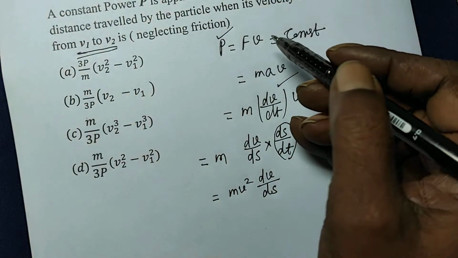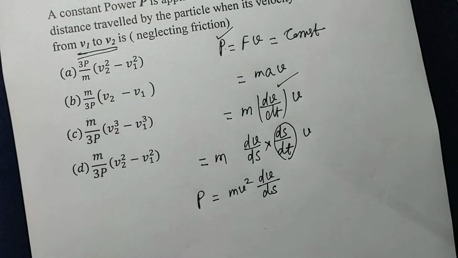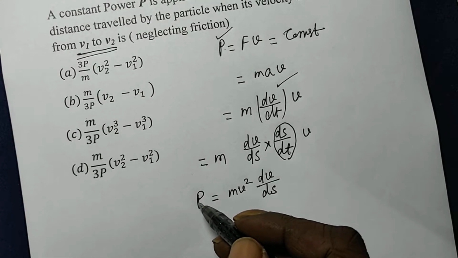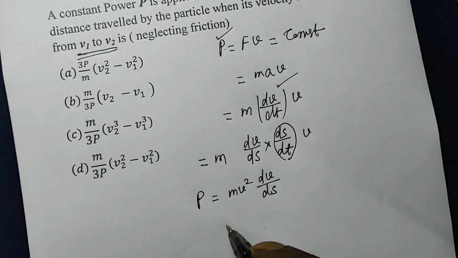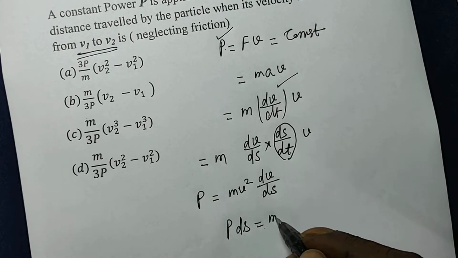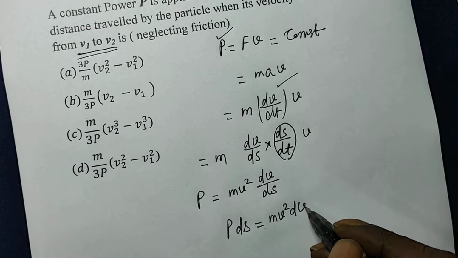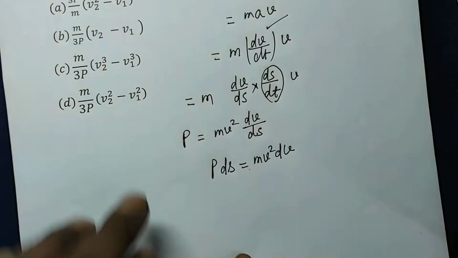Now I began with power being the same thing as this. To integrate, bring this ds to the left hand side, because power is constant. When we integrate, P will be taken out. So P ds is equal to mv square dv.